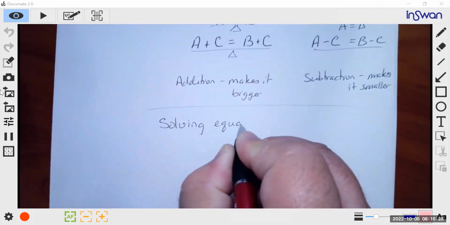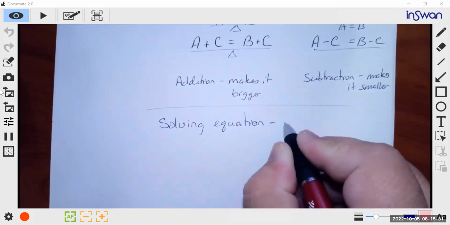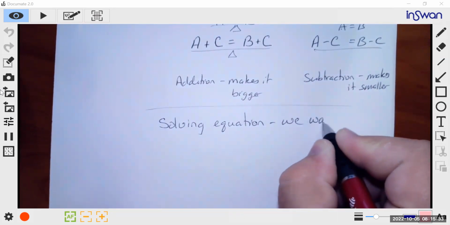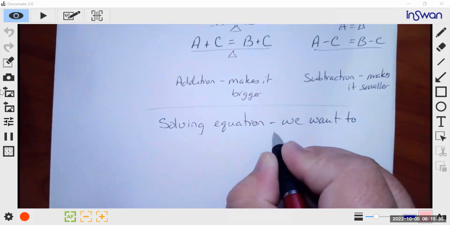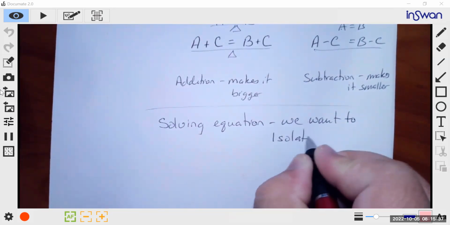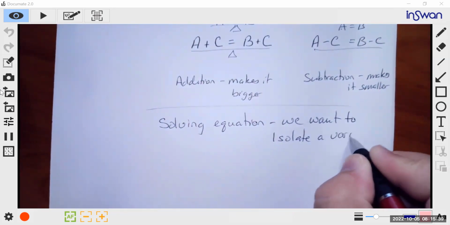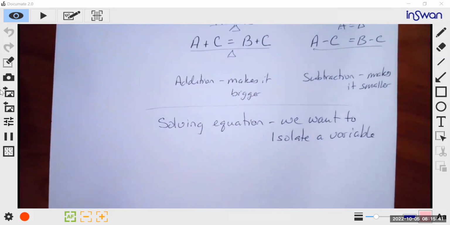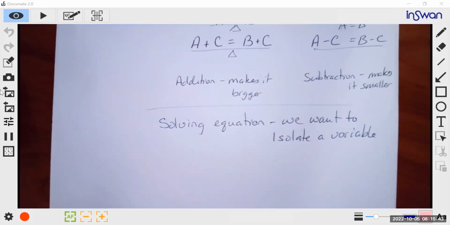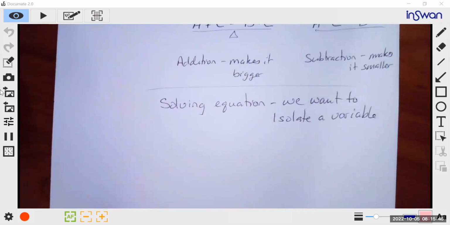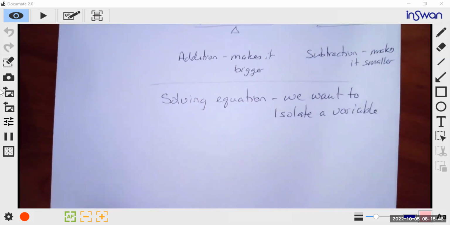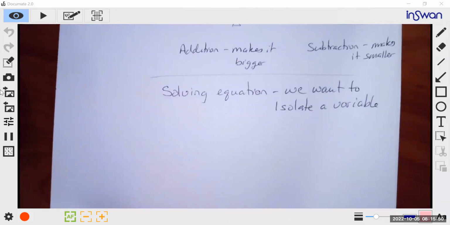When solving equations, we want to isolate a variable. How do we do that?